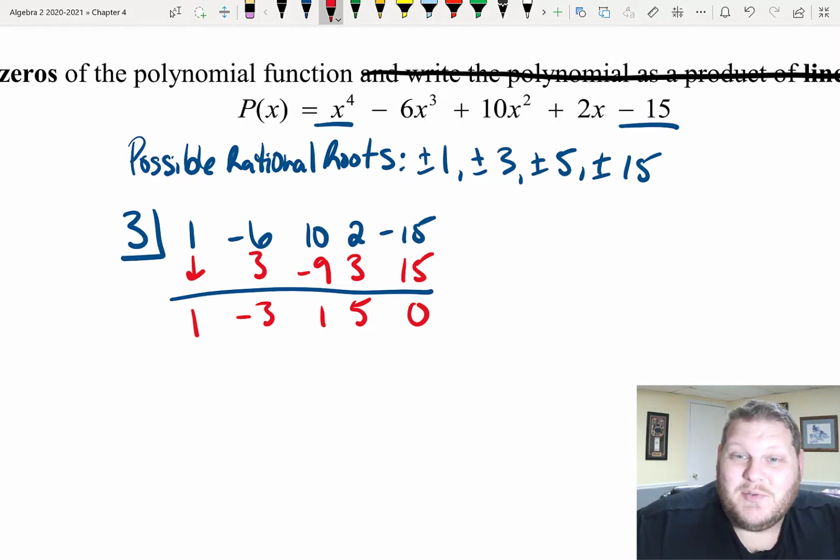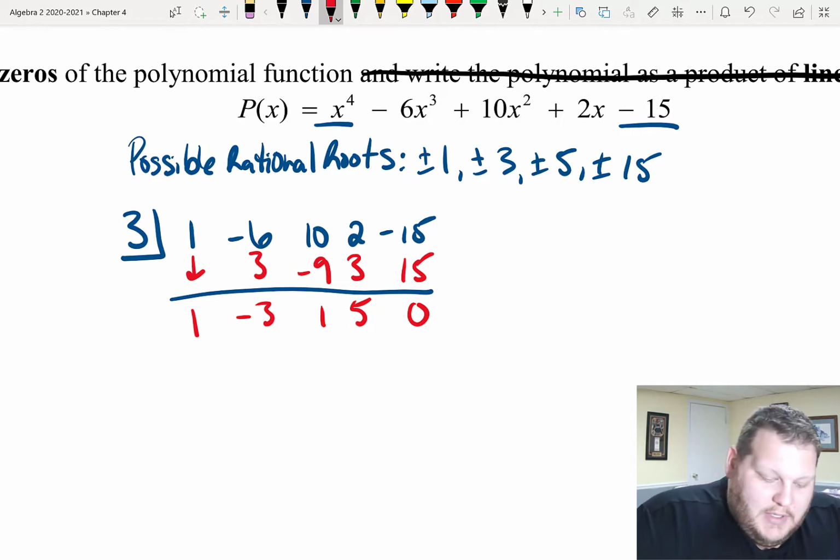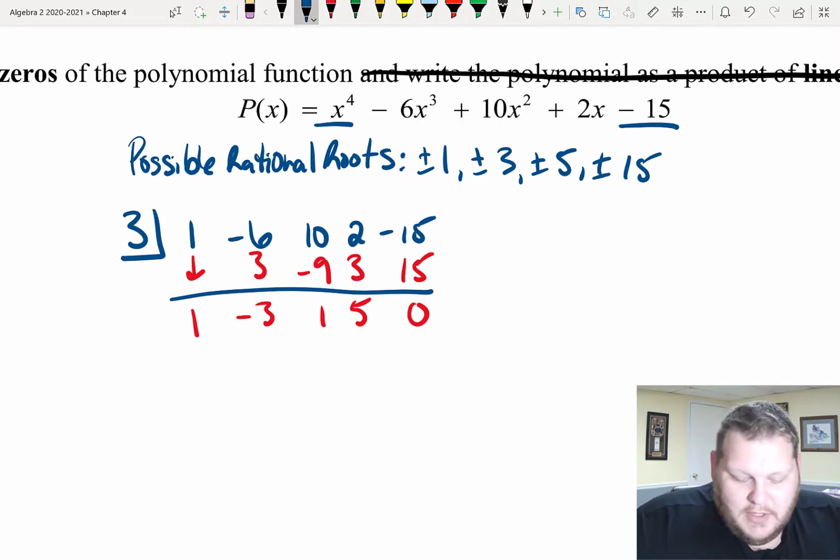Since we're just looking for the zeros, this positive 3 is my first one. From here, we could rewrite this and factor it out. This would be 1x cubed minus 3x squared plus x plus 5.